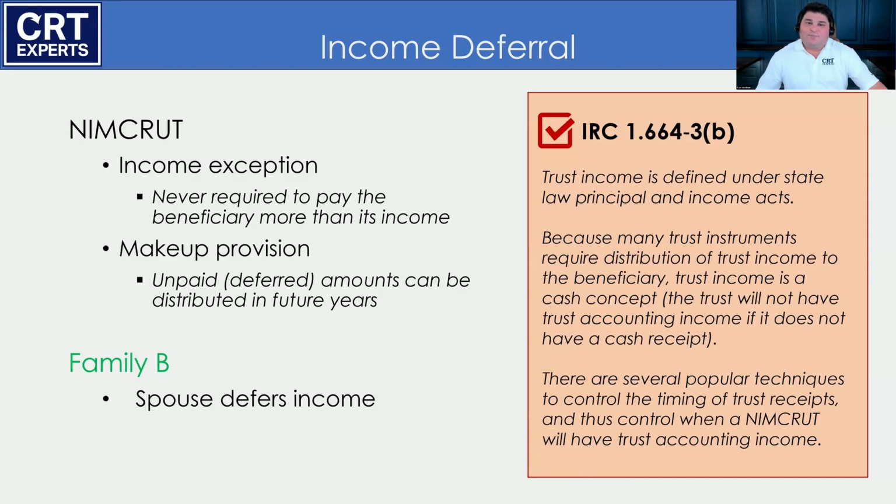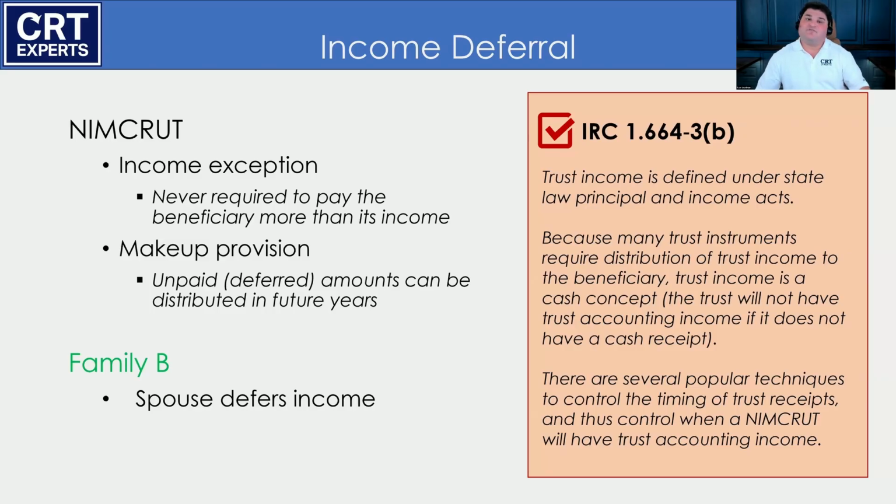A NIM CRT, on the other hand, will distribute the lesser of the stated payout rate, 5% here, and trust accounting income. So there is a net income limitation. The trust is never required to pay a beneficiary more than its income. So if it doesn't have income, nothing has to be distributed.